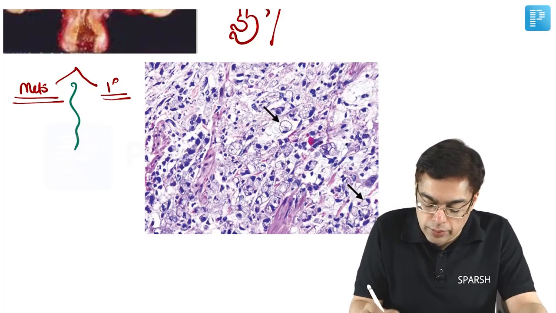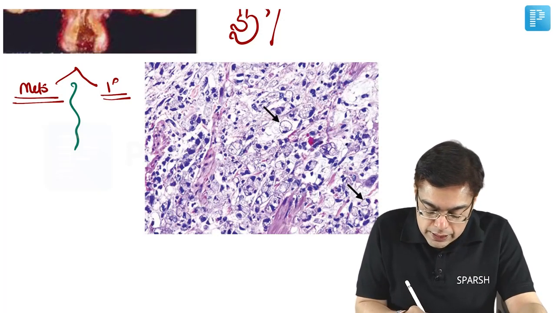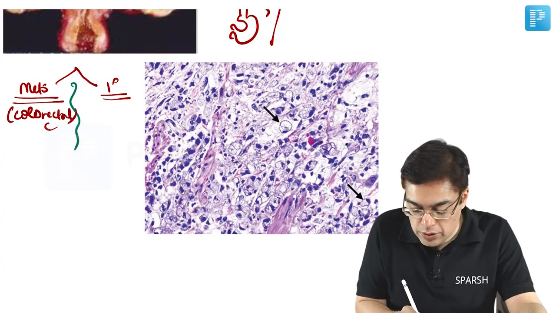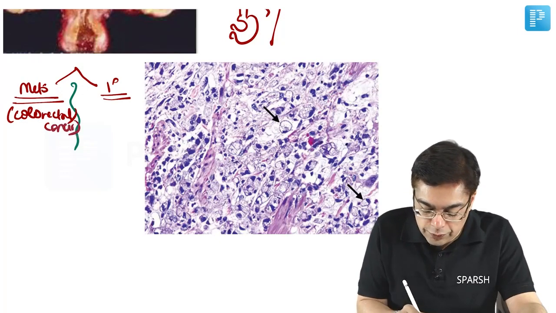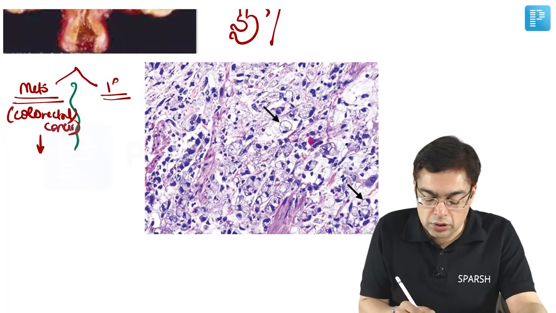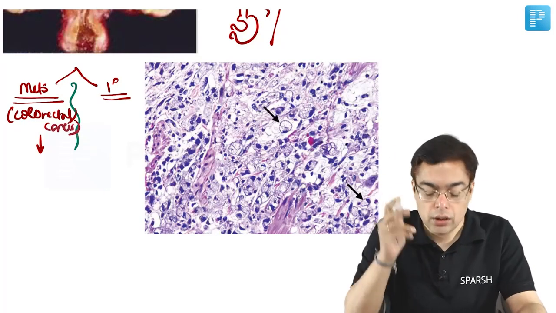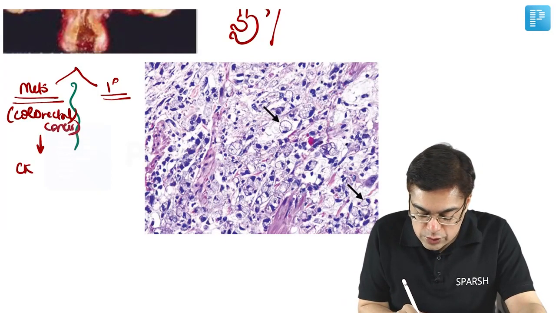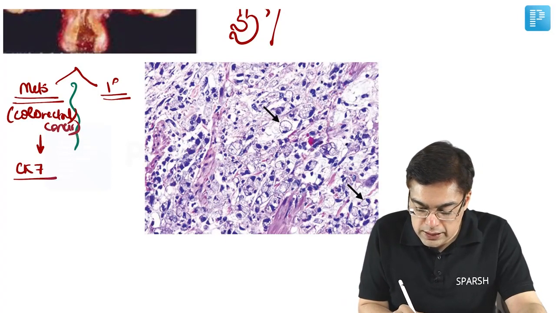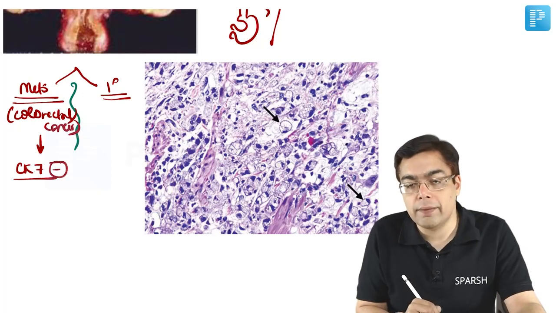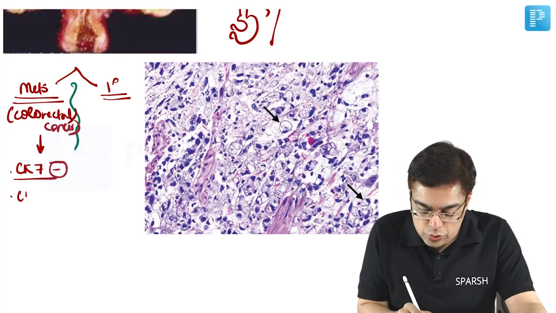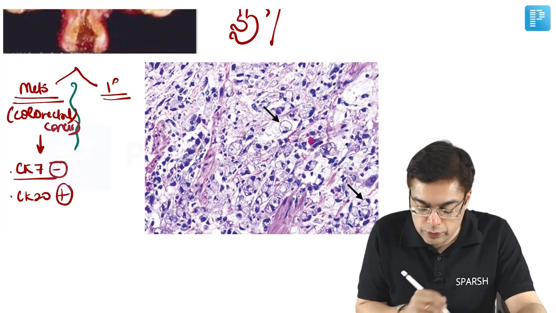But the easiest way by which we distinguish this is that if you're talking about mets, let's say the mets are coming from a colorectal cancer, that can be appreciated on the basis of what I told you in the context of adenocarcinoma of unknown primary. So we did mention that this is going to have markers like CK7, which is going to be absent over here, and then we can use a marker like CK20, which is going to be positive over here.